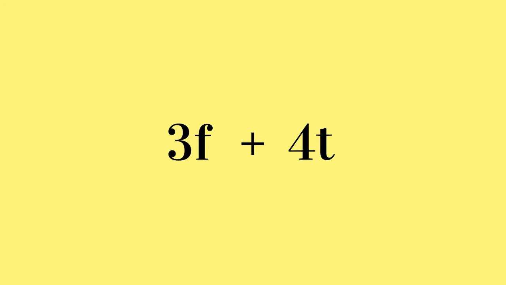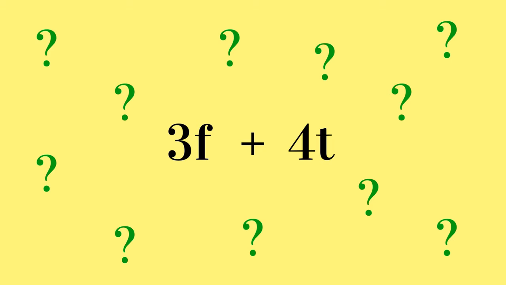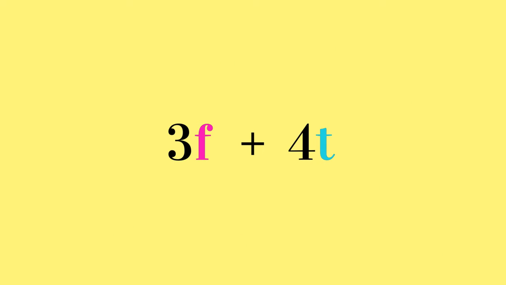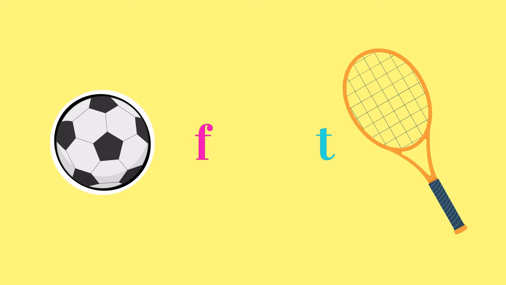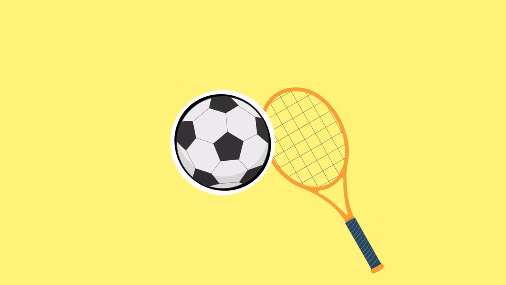We don't know what numbers these variables represent, but we do know they are different. You can remember this by having the letters represent something, such as footballs and tennis rackets. You play sport with both of them, but you wouldn't put them together.